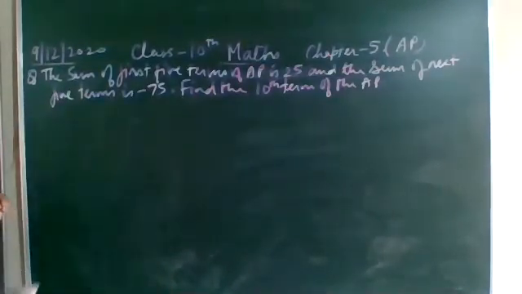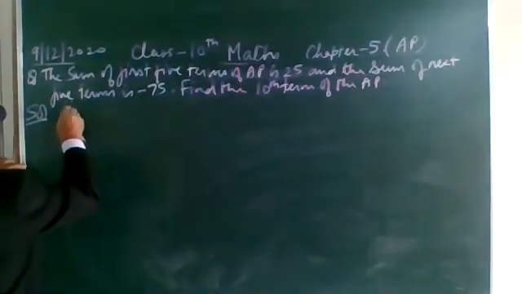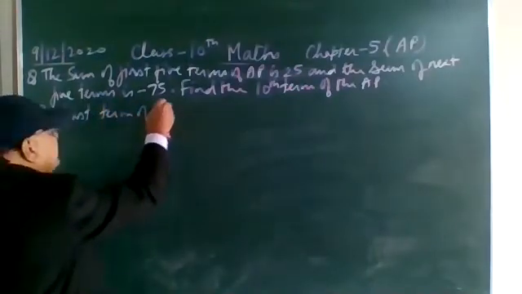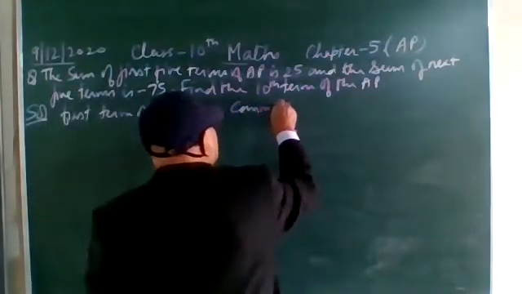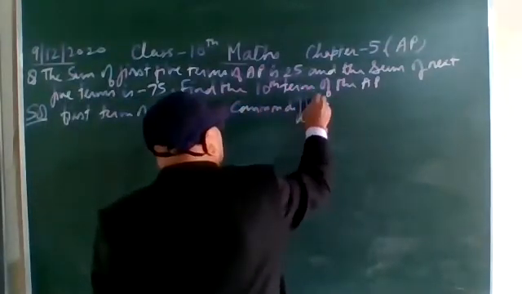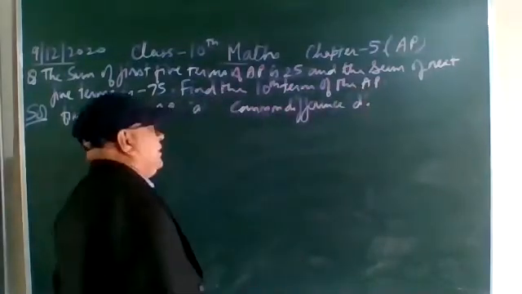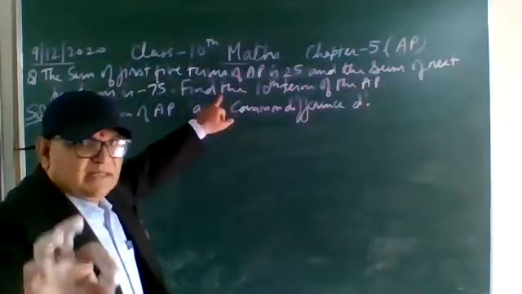So what will you say? First term of the AP is a, common difference d. You have to find the 10th term. So write that formula.